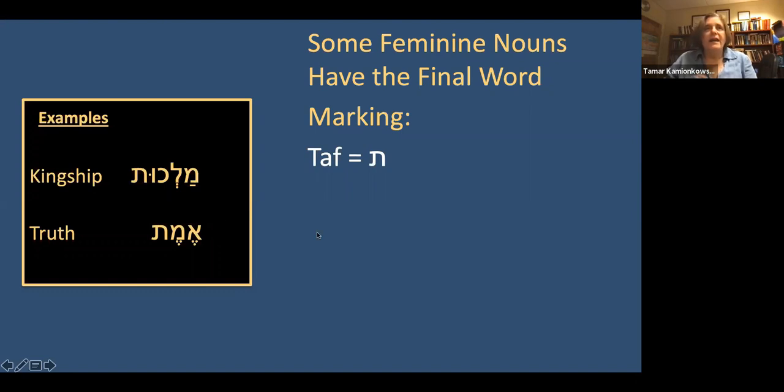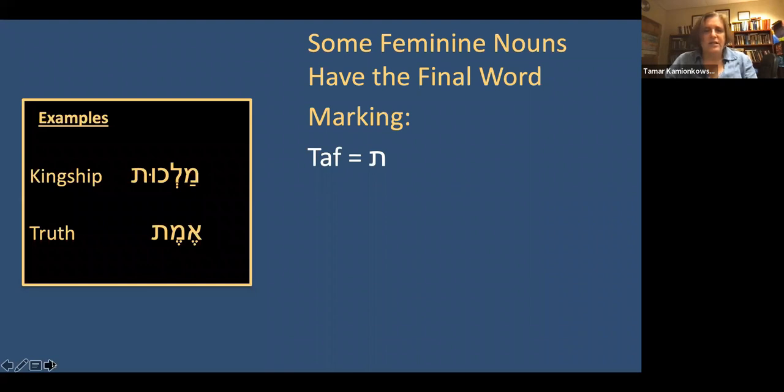There are a handful, maybe two handfuls of common nouns that do not have a hey or a taf and are still considered feminine. And I can try to figure out how to get you a list that I have compiled of those.